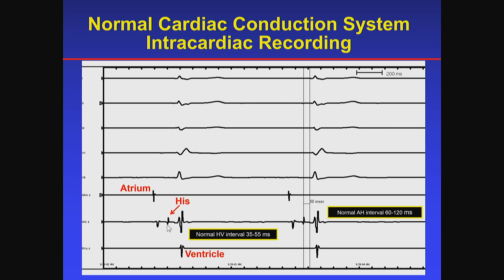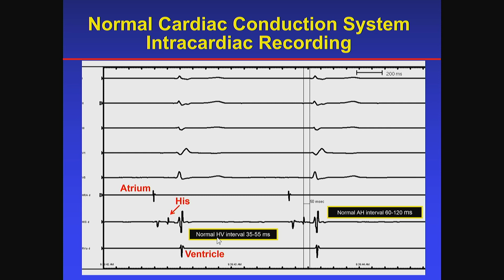The His bundle electrogram recording is obviously not something that can be seen on a surface EKG, but with this intracardiac recording technique, one can observe the timing between atrium and His and the ventricular electrogram. And in this way, it can be determined if there is an abnormality in the AV node or at or below the level of the His.